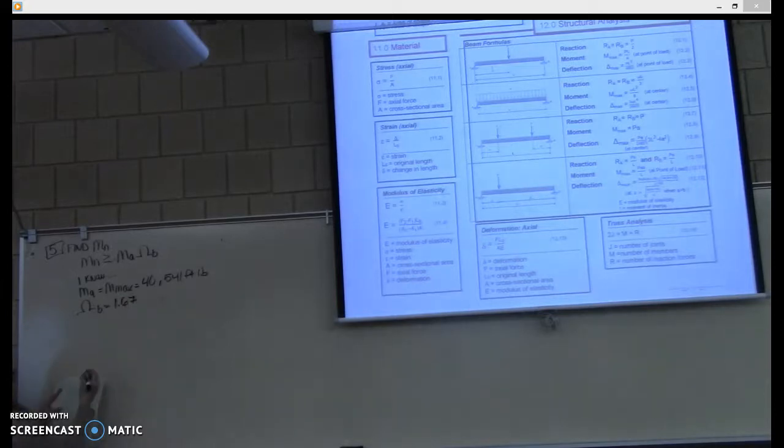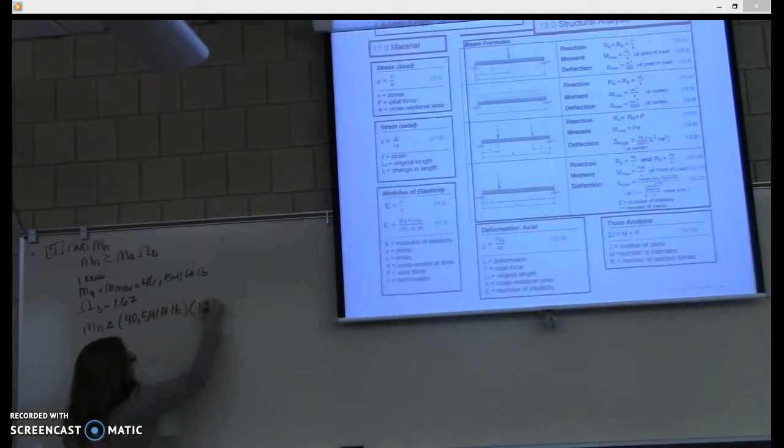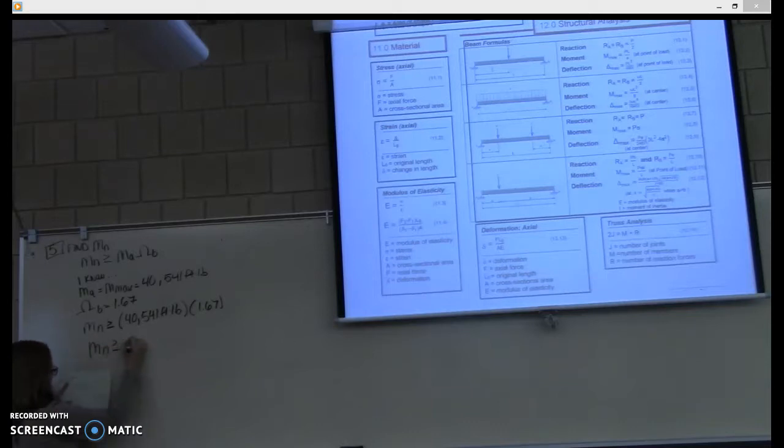So you're going to plug those numbers in to figure out our Mn. So our Mn is 67,704 pound-foot. It should really be foot-pounds. Put a big rectangle around that.